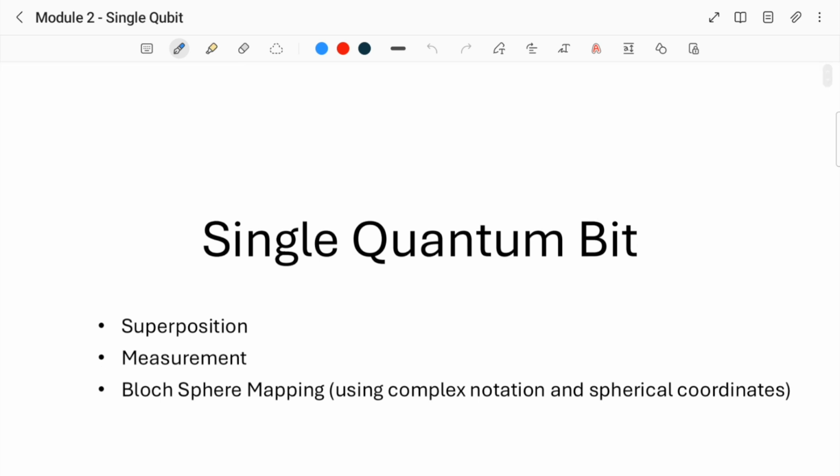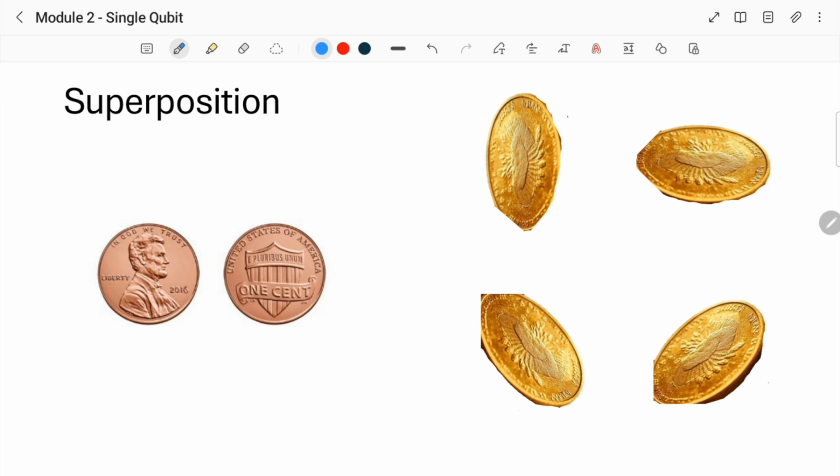So let's start. Hope you remember from our previous lecture that we took the example of coins to represent classical bits. We presented heads as 0 and tails as 1. Now we can consider this example again for considering qubits, but here is a remark.